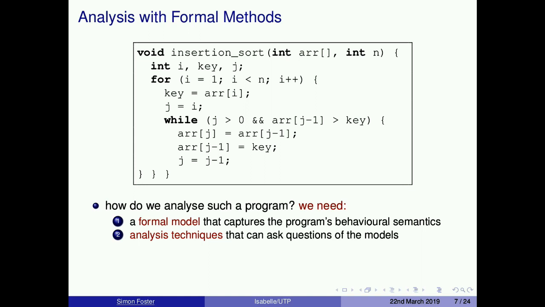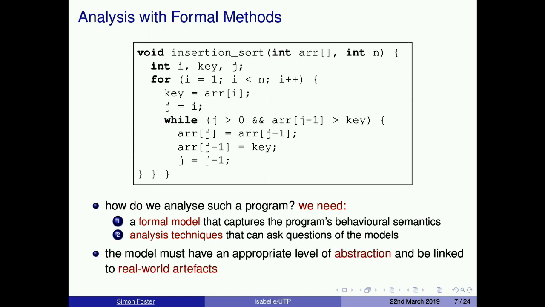And UTP claims to be able to capture a wide variety of formal models and analysis techniques. And of course, we have to make sure that if we're using these in assurance, as we've said, the models have an appropriate level of abstraction and can be linked to real-world artifacts. We've said a lot about that and how we think about doing that in terms of validation, and I'm not going to say much more about that today.